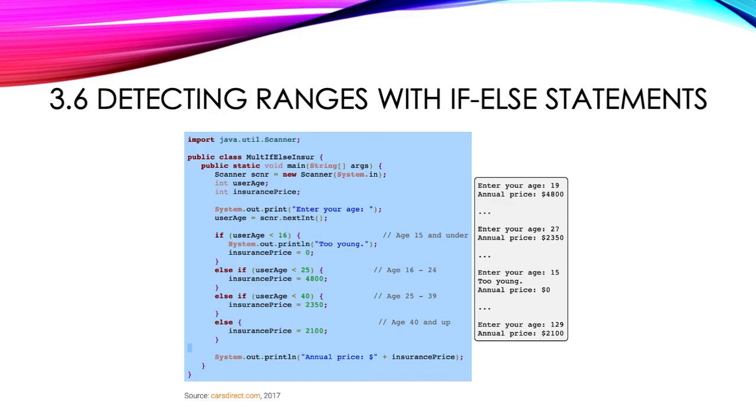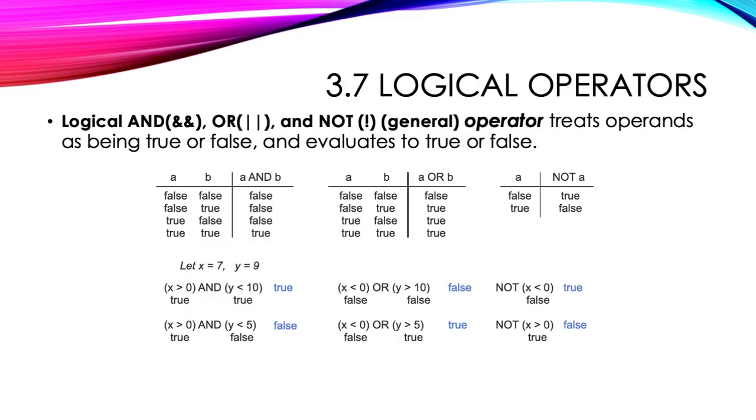Next we have 3.7, logical operators. Here we have AND, which is symbolized by two ampersands, OR is this symbol just below the delete button, or above the return button on your keyboard.